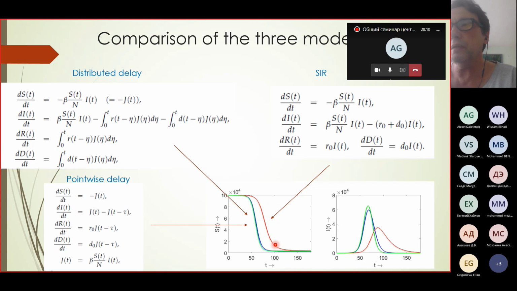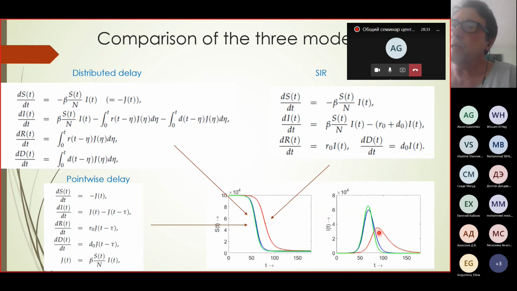But the red line is the SIR model, and it gives a different result. In particular, in the right graph for the number of infected people, the maximal number of infected becomes less, and the time to maximum becomes larger.